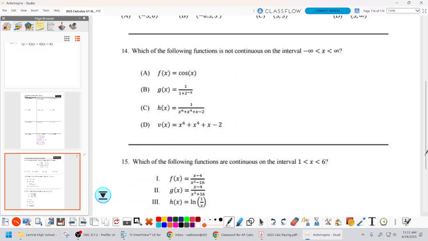Alright, not continuous means we're looking for what? That's kind of a big question. Well, is cosine continuous on that interval? Yeah, it's fine. How about what happens when you have a negative exponent? Do you guys remember? Yeah, so let's be careful. If I have this 1 over 2, well that's this case, so let's just start with the easier case.